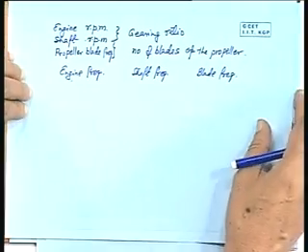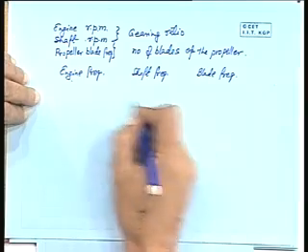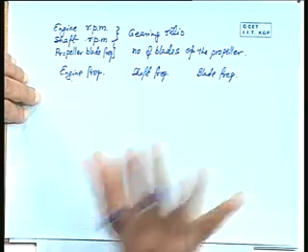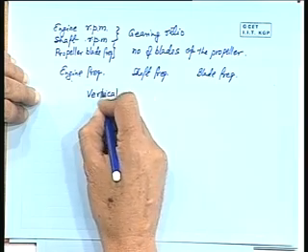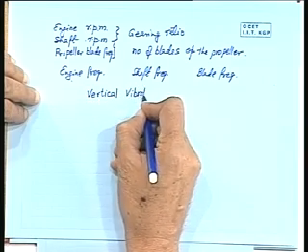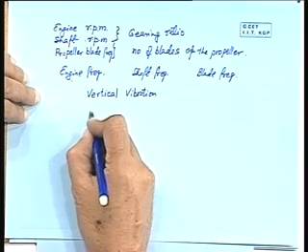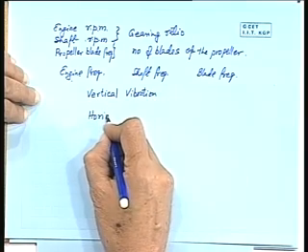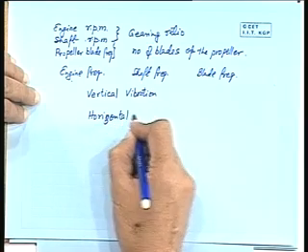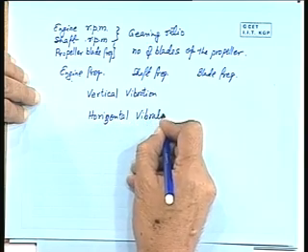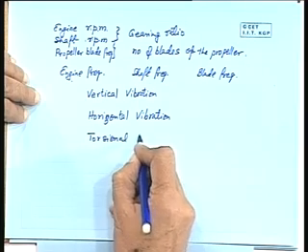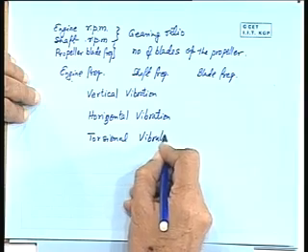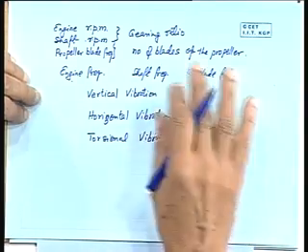One more thing I would like to add here: in the normal course, you have the vertical vibration, we also have the horizontal vibration, and we have the torsional vibration. And then the combination of all these may also be present there. Okay.